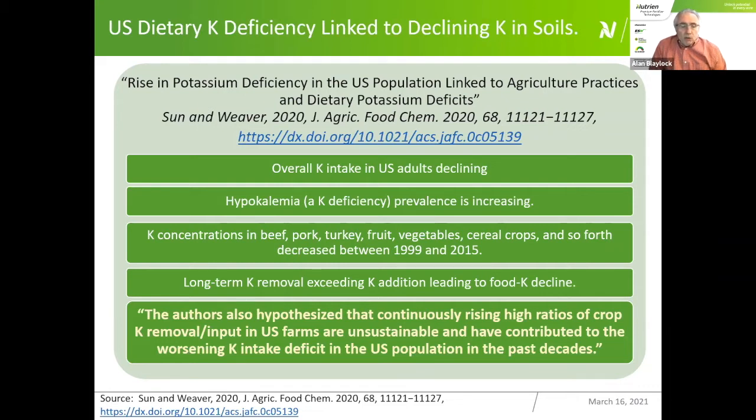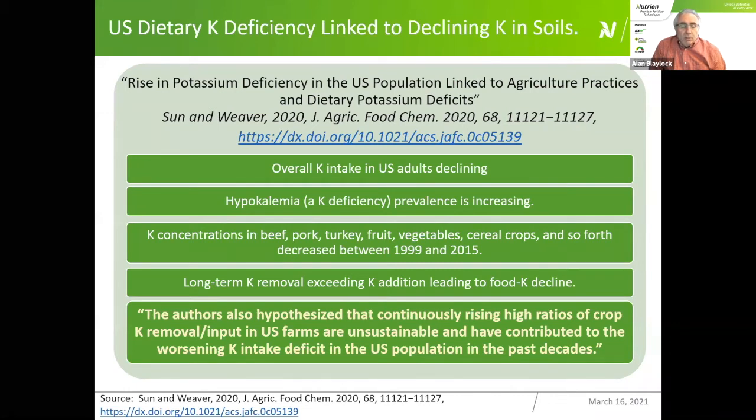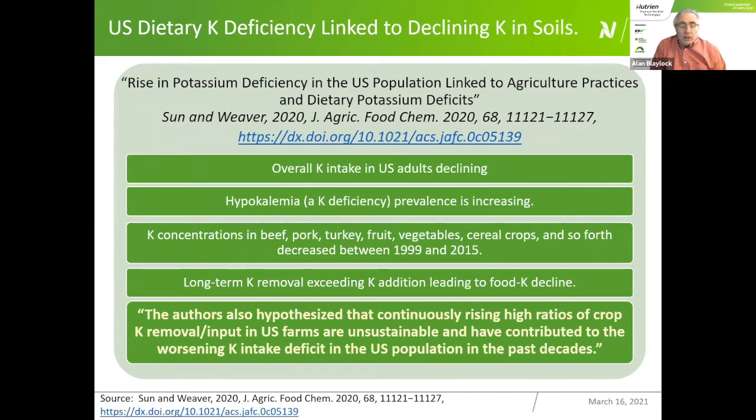And they also noted that long-term potassium removal from soils exceeding potassium additions to those soils has led to this food potassium decline. So what they were able to do is link soil test levels for potassium to human nutrition and the potassium in our food. The last bullet there is a quote from the authors.